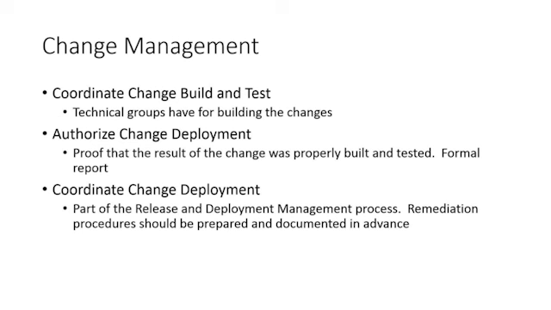Coordinate the change. We can put some remediation procedures in place if we need to, because best laid plans, right? We've planned it. We've gone through the process of change management. We've had more eyes on it, more opinions on it. They've given the stamp of approval, but we implement it and something happens that was not intended.